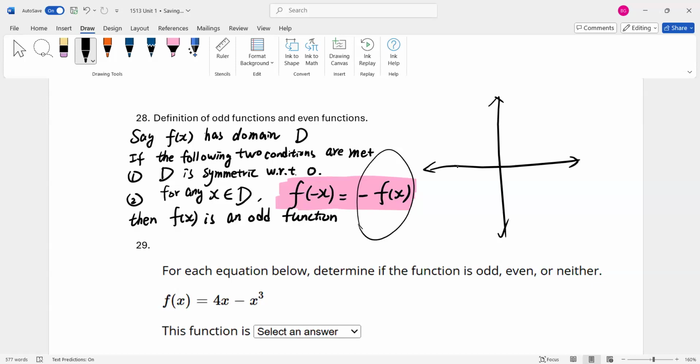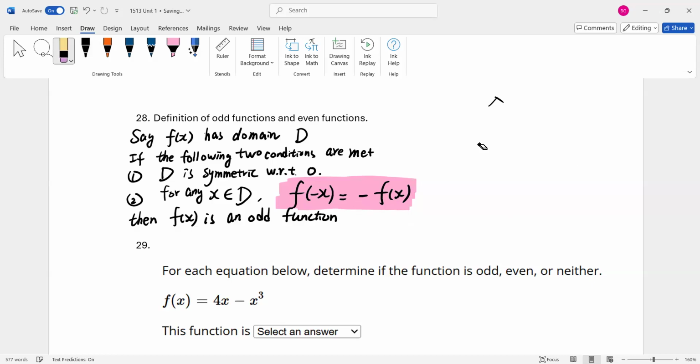So it means if you have the graph and you flip it over the x-axis, the result would be the same as when you flip the graph over the y-axis.